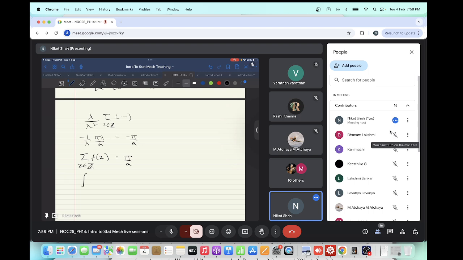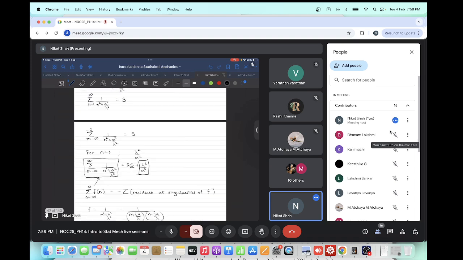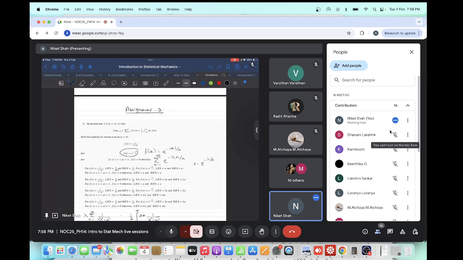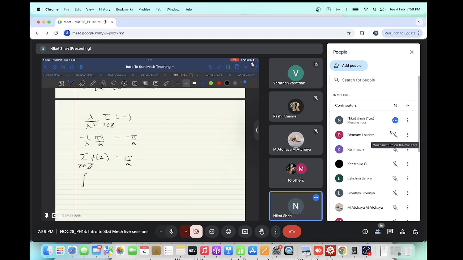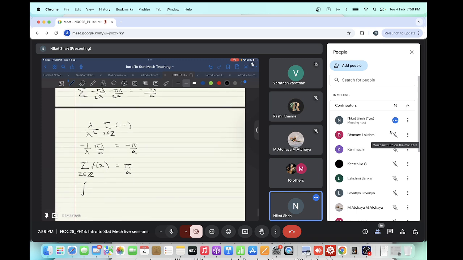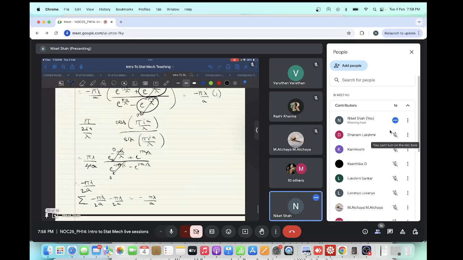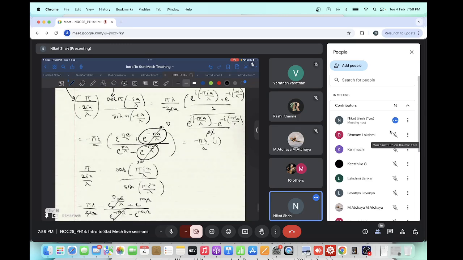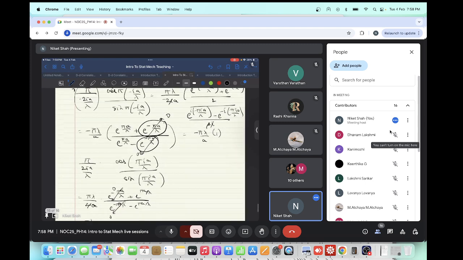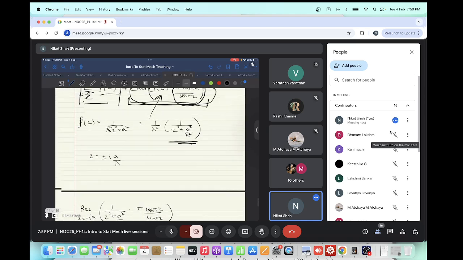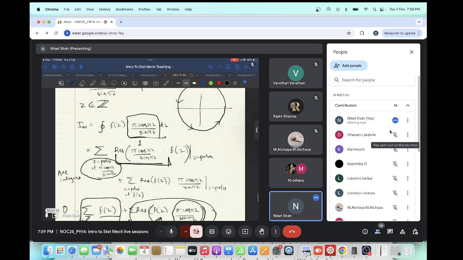What it said was the summation gives me half of this. Somewhere I might have missed a factor of half. So you can actually check that.